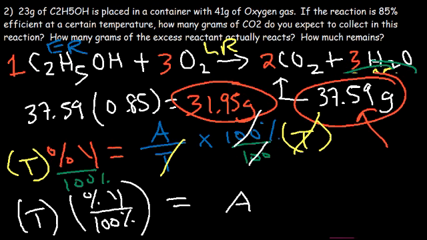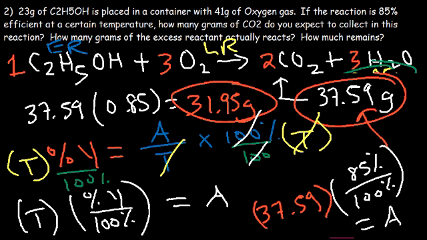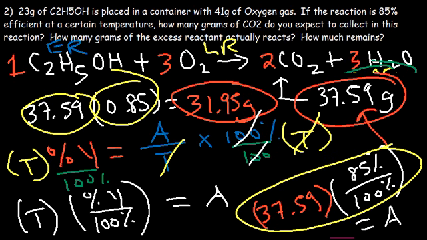Basically that's what we did, if you think about it. We plugged in the theoretical yield, which was 37.59, and we plugged in the percent yield, which was 85%, but we divided it by 100%, so we changed it to a decimal, and this gave us the actual yield. 85 divided by 100 is 0.85, so we did 0.85 times 37.59, which is the same thing as what we did here, and that gave us the answer.